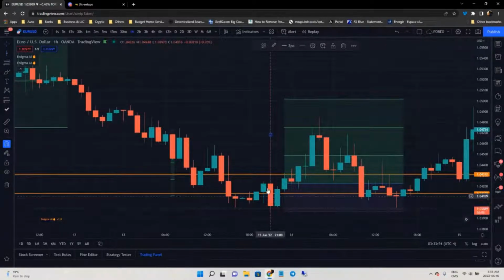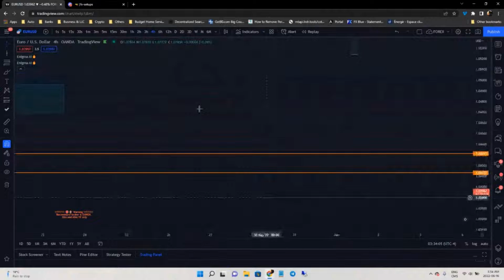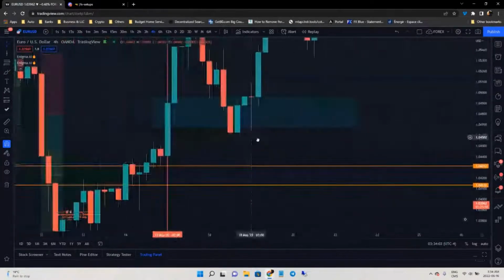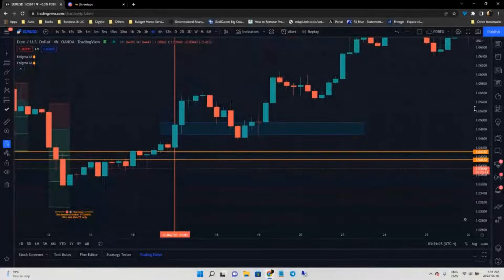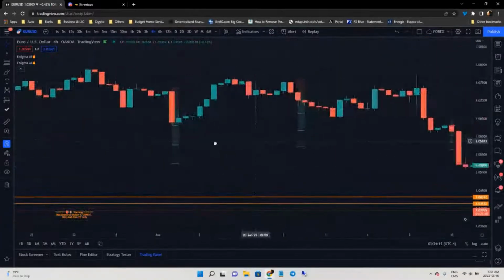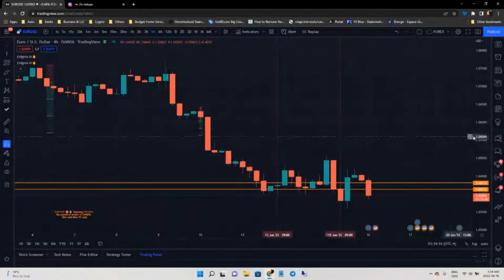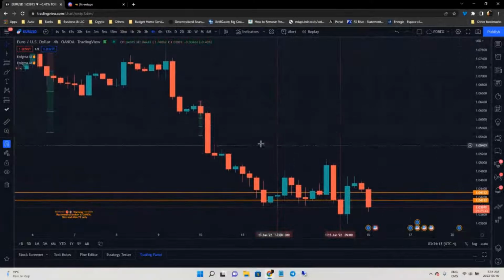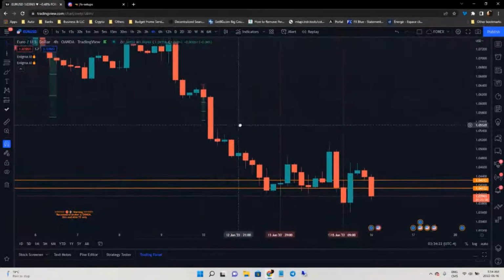So let's put a horizontal line here, going to the 4 hour. I'm showing you exactly the actual thought process that I have when I take a trade. So where's the line here? Here you go. Okay.